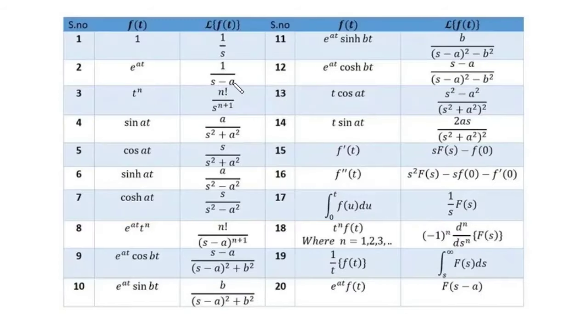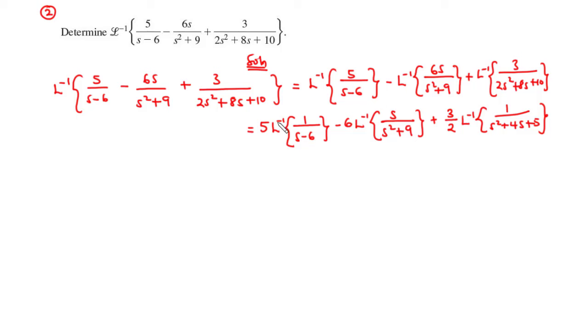So it means that we are going to have the function of the form e to the power at, and then if a is 6, then we have e to the power 6t. So we are going to have 5 times e to the power 6t minus 6, the inverse Laplace transform of s over s squared plus 9.